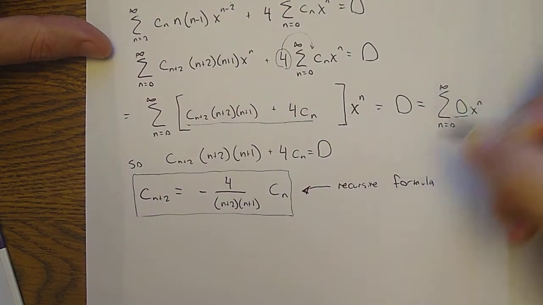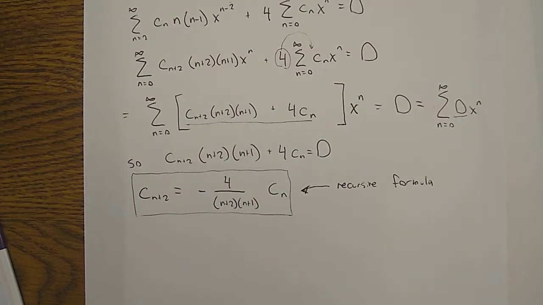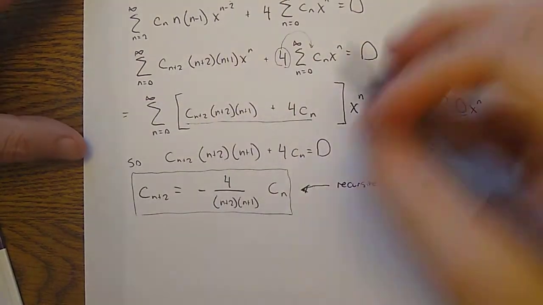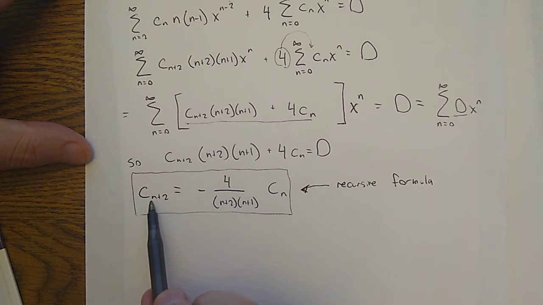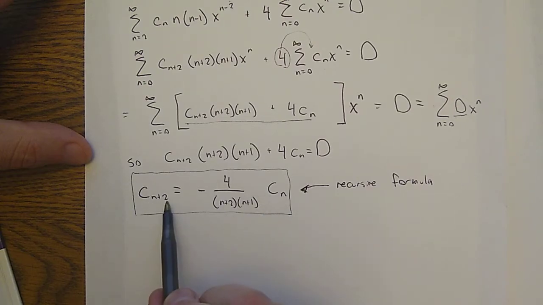Usually I put a box around my answer, but this is not my final answer, of course. So what can we do with this? We can start solving for specific coefficients. This tells you what a specific value is in terms of the value 2 less than it, like it tells you c sub n plus 2 in terms of c sub n.